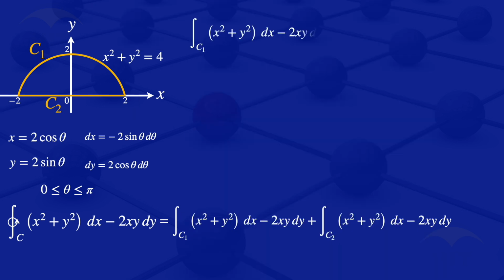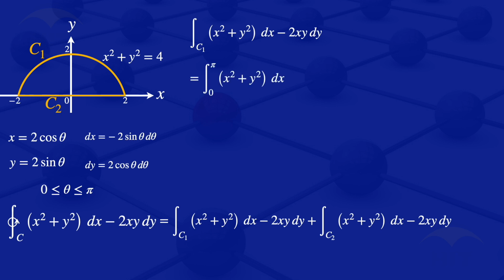Now to evaluate the integral of (x squared plus y squared) dx minus 2xy dy along the curve C1, we said our limits are from 0 to pi. We can separate the parts that have dx and dy, using properties of integrals.